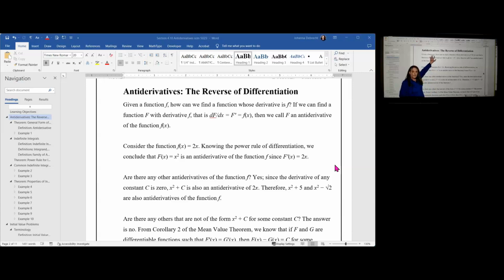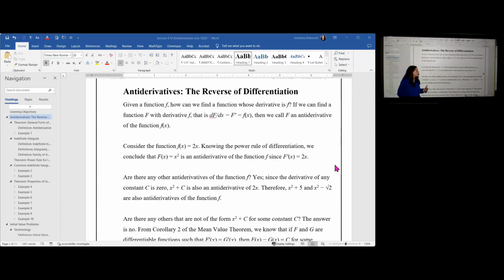If we're given a function, lowercase f, and we want to find another function whose derivative gives us that, we're looking for the antiderivative, such that the derivative of uppercase F is the function. Now, we call that the antiderivative function for lowercase f.